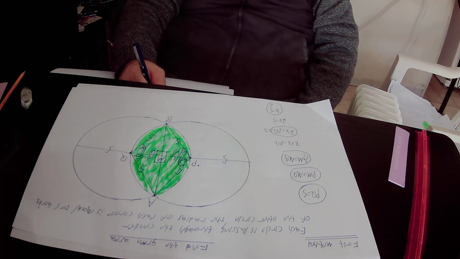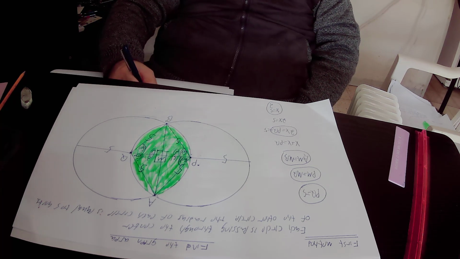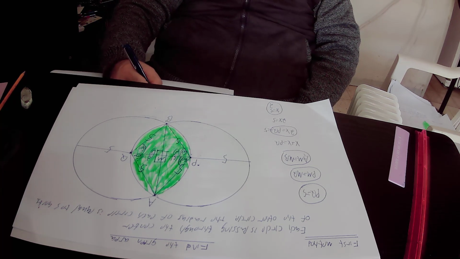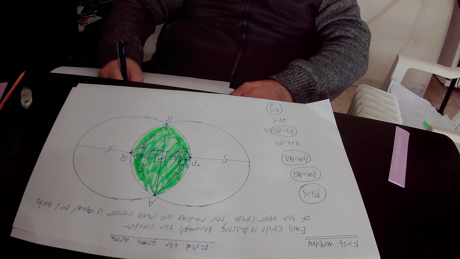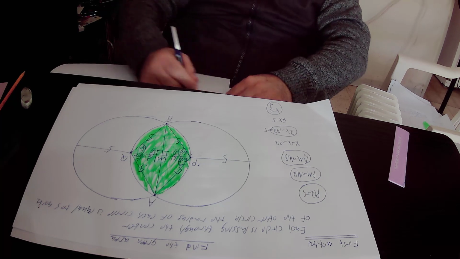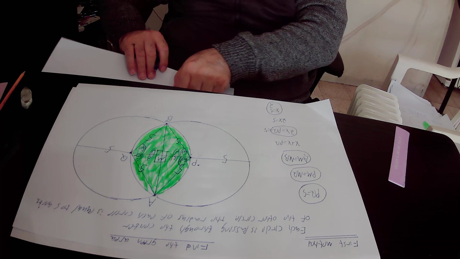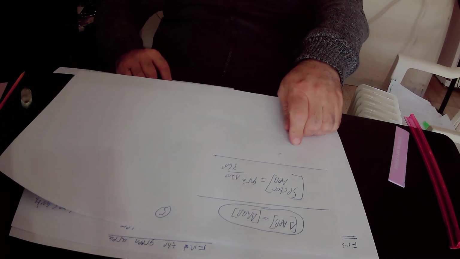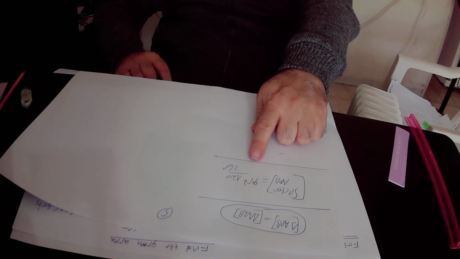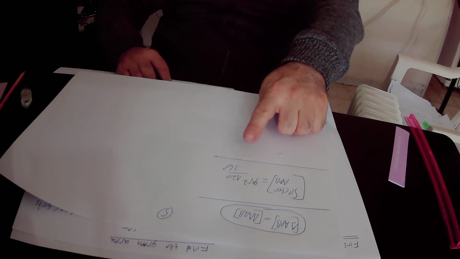Pi r square times 60 degrees plus 60 degrees is 120 degrees over 360 degrees. I repeat again, the area of sector APB equals pi r square times 120 degrees over 360 degrees.